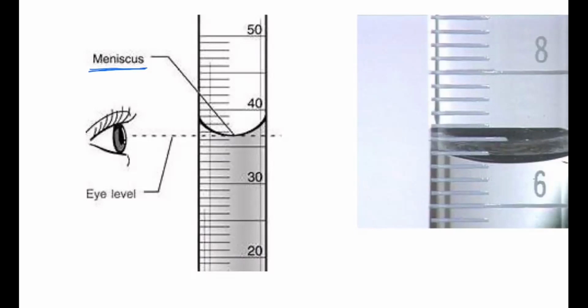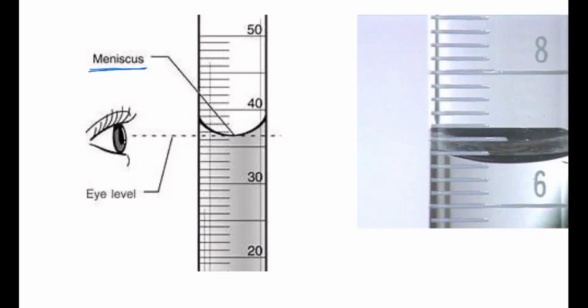So how do we deal with having a meniscus for a certain substance? As you can see, if my substance has a curvature pointing down, then I'm going to take my measuring device, and typically this is for volume. And then what we're going to do is say, well, my curvature is pointing down. I'm going to put my instrument where at the eye level, I can look at the bottom of that curvature.